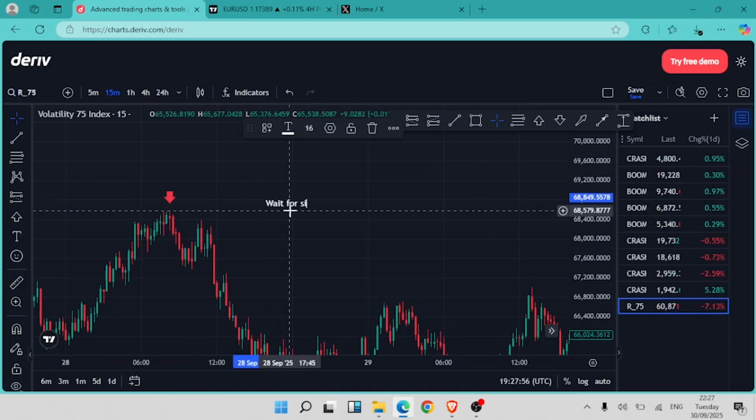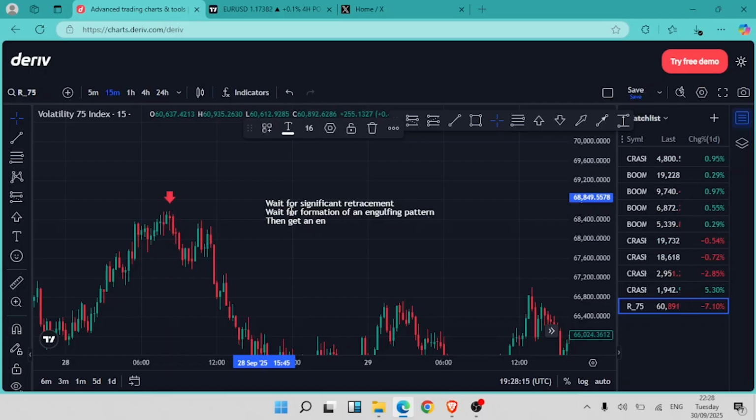Wait for significant retracement, then wait for formation of an engulfing pattern, and then get an entry around the pattern.